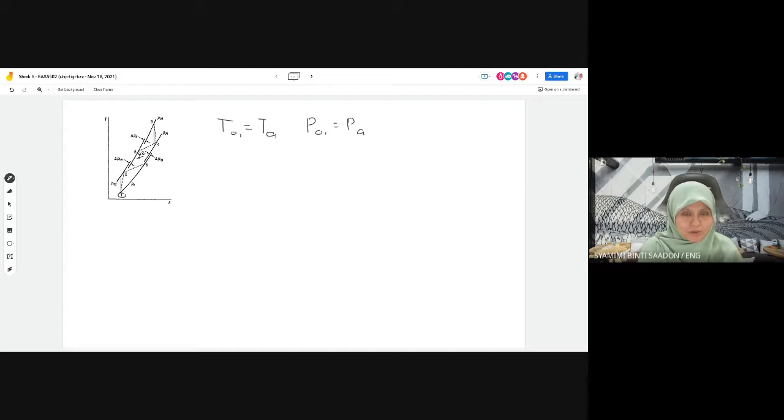Okay, so if we copy the equation, TO2 minus TA equals 1 over the compressor efficiency times TO1, so TO1 is TA.